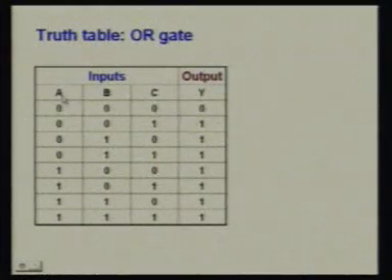If we take a 3 input OR gate A, B, C, there will be 8 possible states: 0 0 0, 0 0 1, 0 1 0, 0 1 1, and so on. 1 stands for 5 volt and 0 stands for 0 volt. We can see from here that output is in 0 state only when all the inputs are in 0 state, and output is in 1 state if any of the inputs is in 1 state.